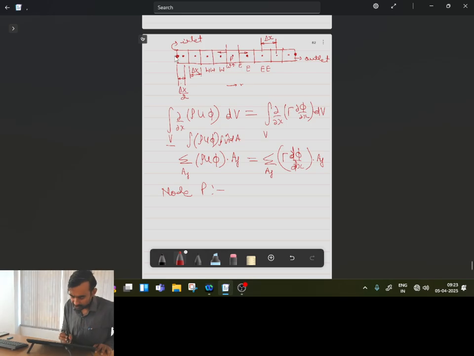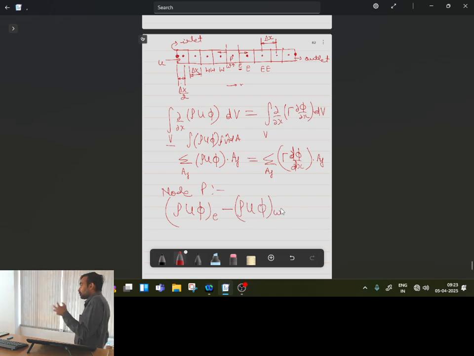Now for east, if you consider that your flow is taking place from left to right, then velocity and area are pointing in the same direction. So rho u phi into Af will be positive at the east boundary. So I will be having rho u phi at the east face. And here the area is in this direction and velocity is in this direction, so these are opposite to each other. So ultimately I will be having a minus sign. So minus of rho u phi into Af at w.